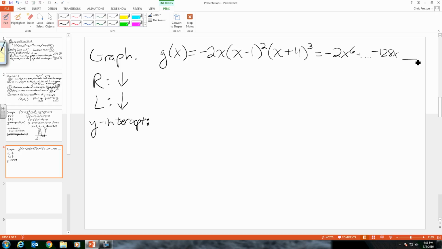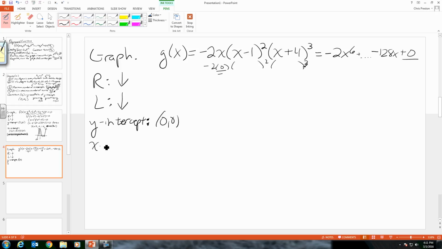What is the last term? Well, it must be 0, because if you make all these x's 0, negative 2 times 0 times stuff, well, 0 times anything is 0. So yeah, (0, 0) is a y-intercept.